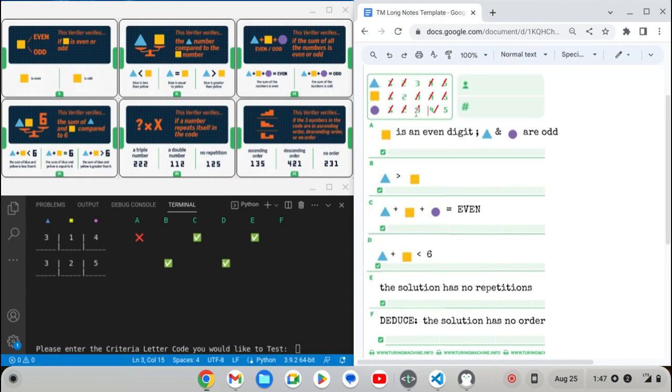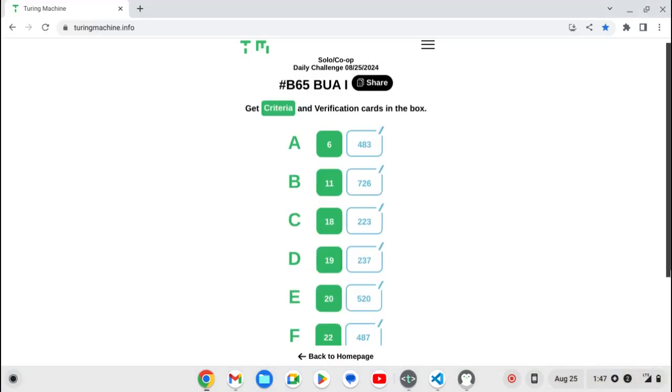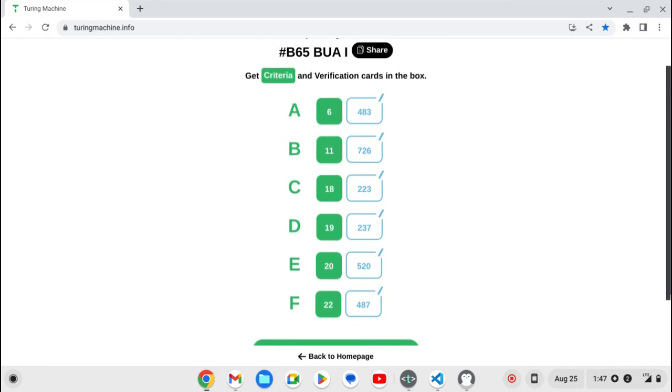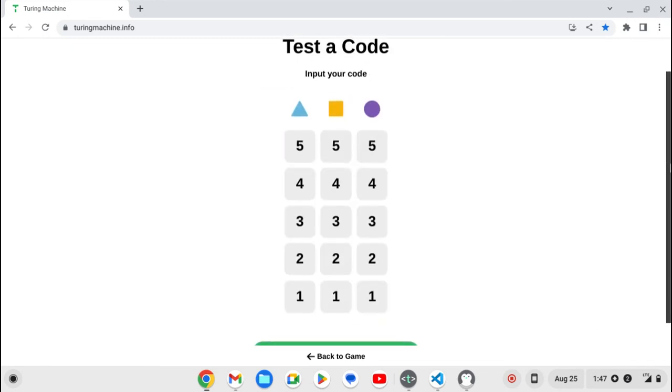So let me just cross out the final 3 and let me type it up. And let's go verify. So 3, 2, 5.